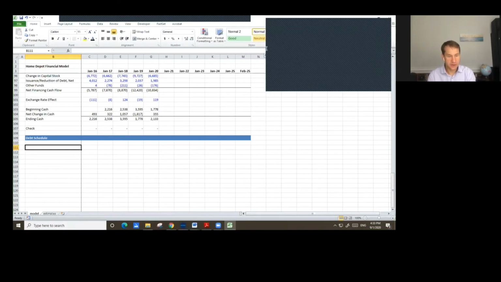I'll set up the debt schedule, and some of it will be placeholders, and we will populate it as we go. So the first couple lines, they'll be more clear a little later. I'll call them minimum cash and cash flow before revolver. I mentioned that on my slide.